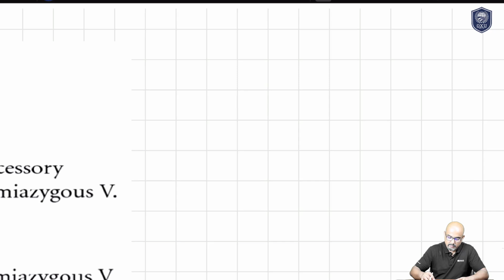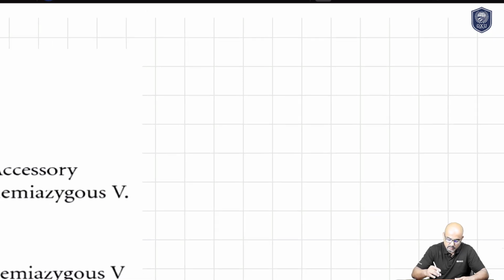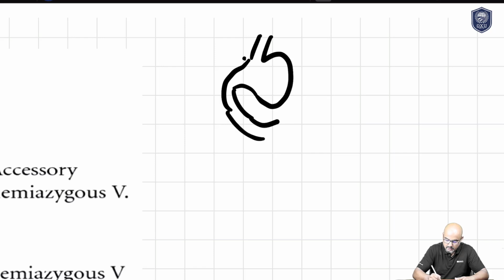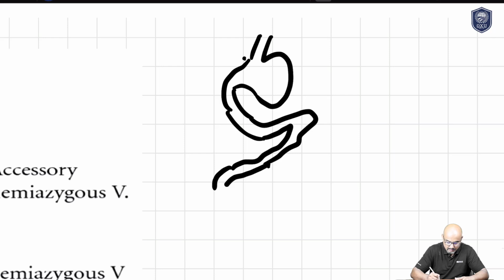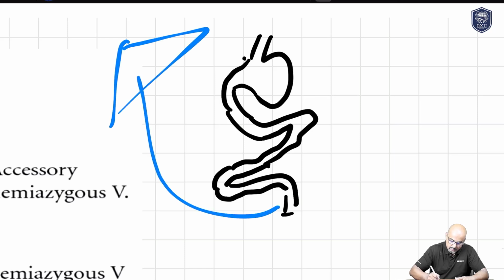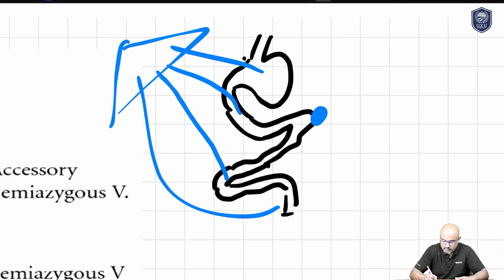Whenever there is any GI organ, from the esophagus, stomach, intestine, up to the pectinate line of the anal canal, all the blood goes back to the liver via the portal vein. That's why any cancer in this part of the GI tract first goes to the liver as a metastasis, as a rule. There are some exceptions, obviously.